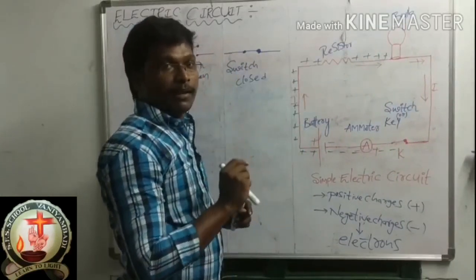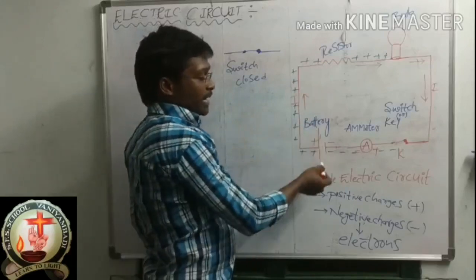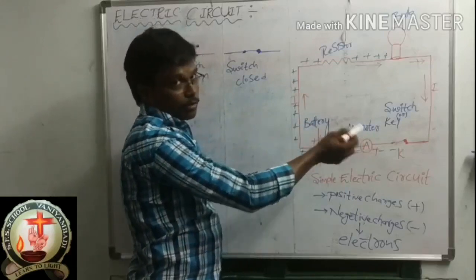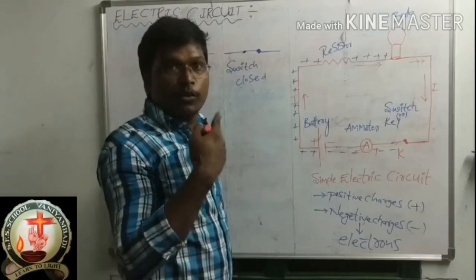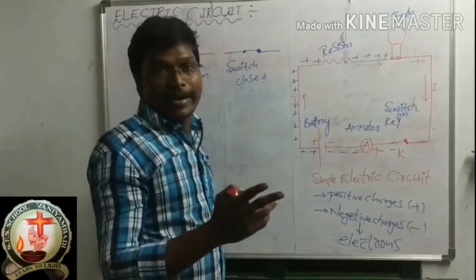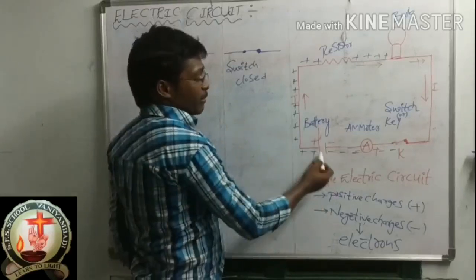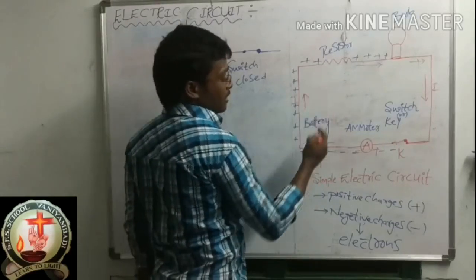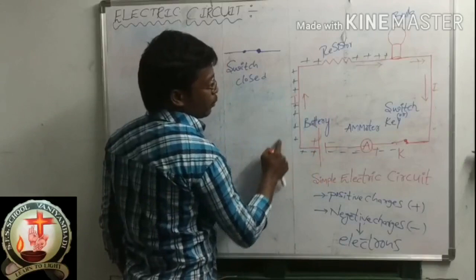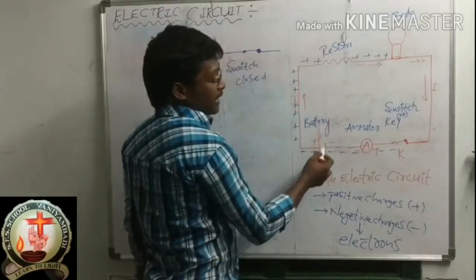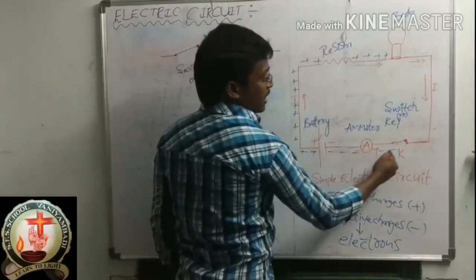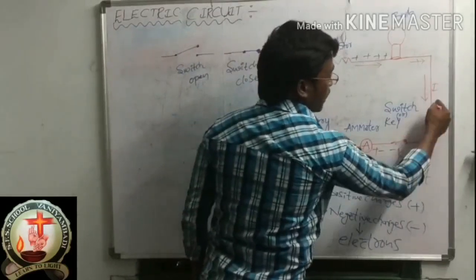Once again I am telling, usually a battery is connected in this circuit. So what is the battery's purpose? Battery is giving two types of charges. The positive terminal will release positive charges, so positive charges will move in this direction. And this negative terminal will give negative charges, and negative charges will move in this direction.